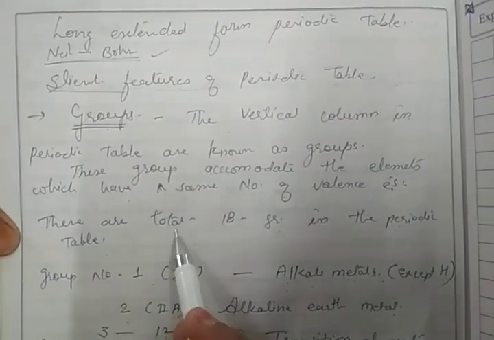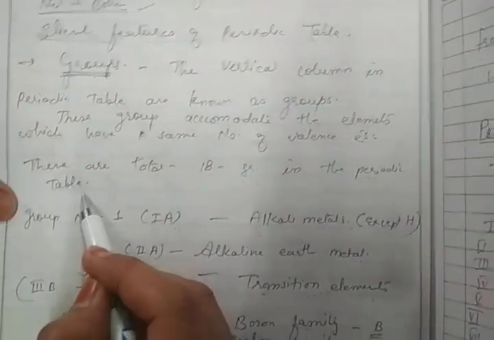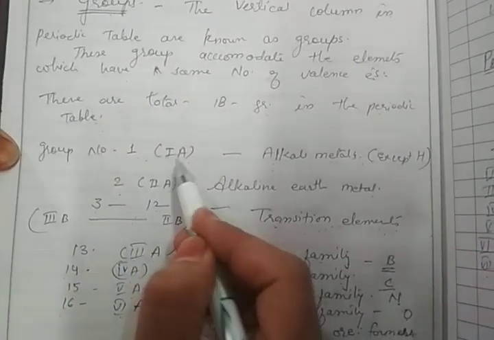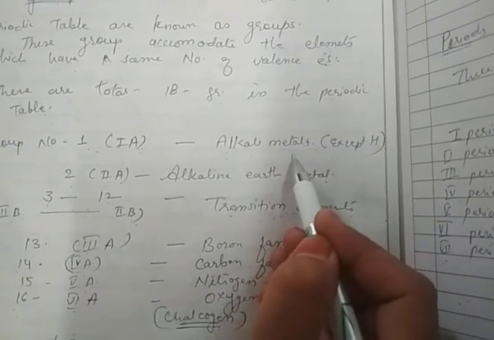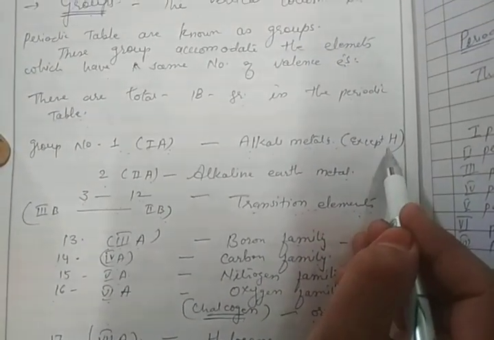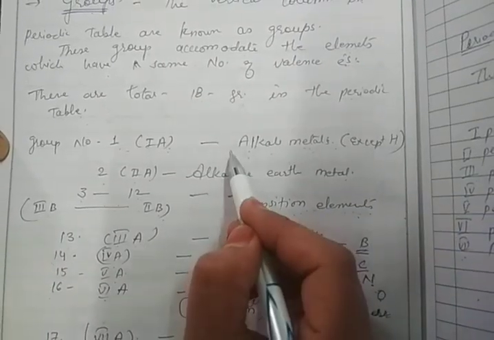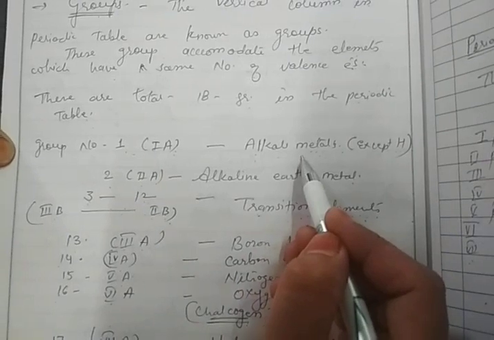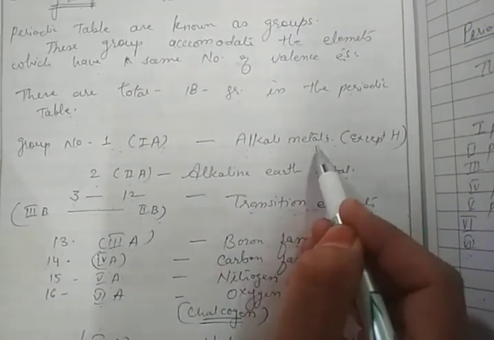There are a total of 18 groups in the periodic table. Now let me study in detail group number 1, which is the first group. The name of this group is alkali metals, except hydrogen. Except hydrogen, the other elements form strong alkalis with water, that's why the name of this group is alkali metals.